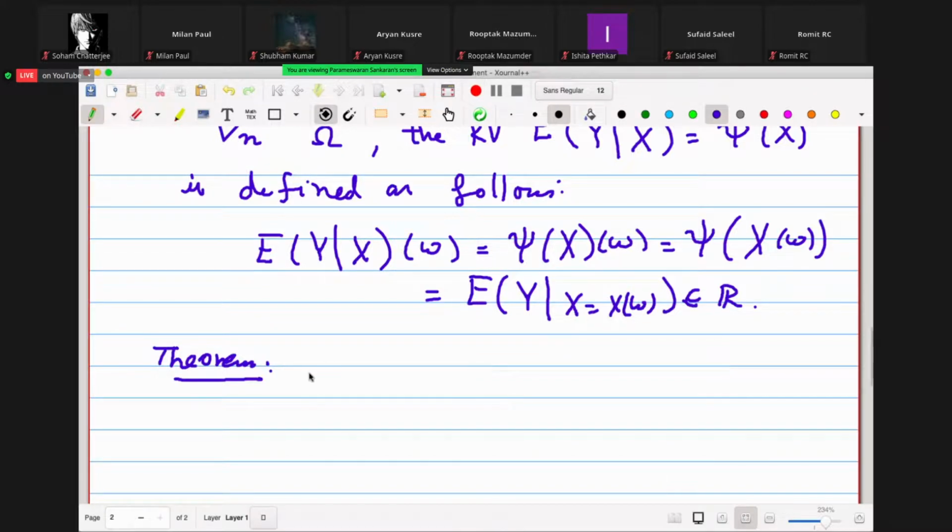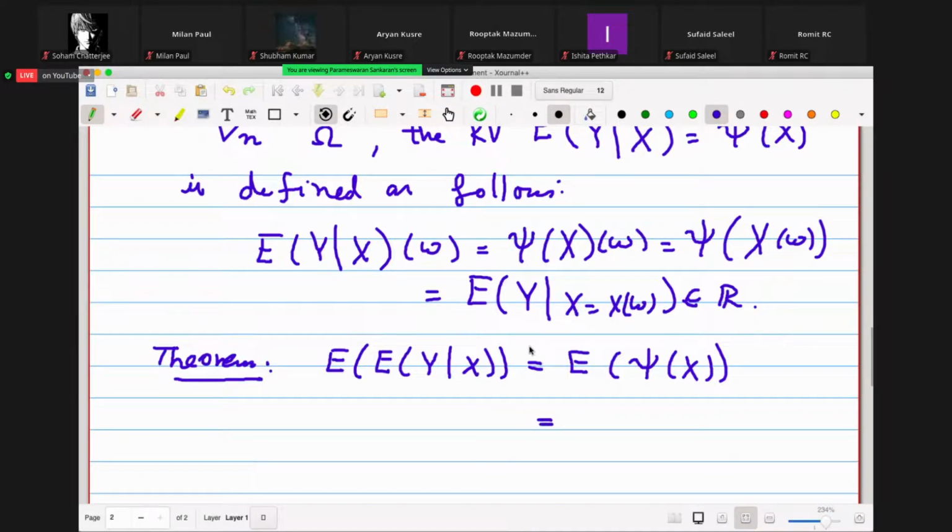The expectation of Y given X, that is the expectation of psi of X, is equal to the expectation of Y. When you just write the expectation of psi of X is equal to the expectation of Y, it sounds a little mysterious.